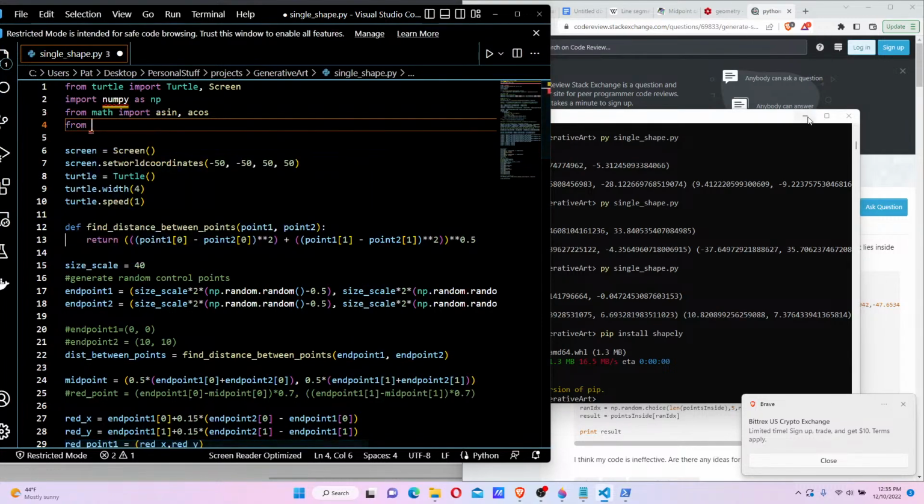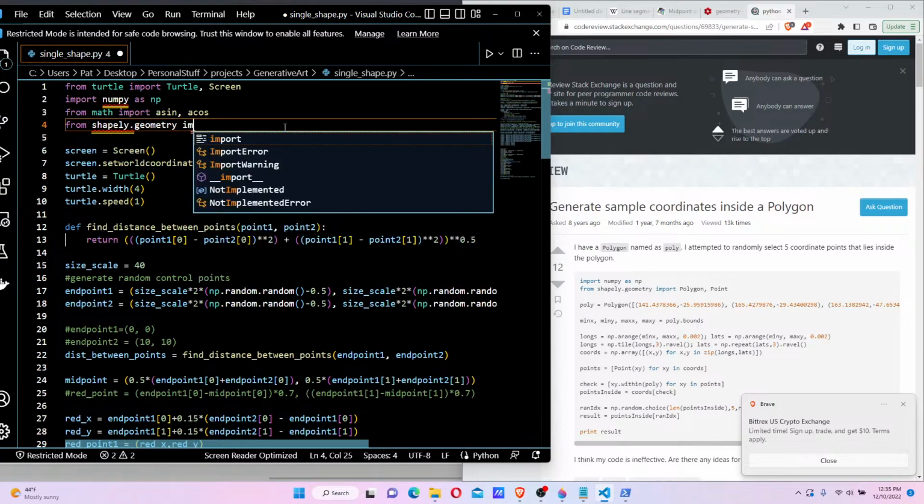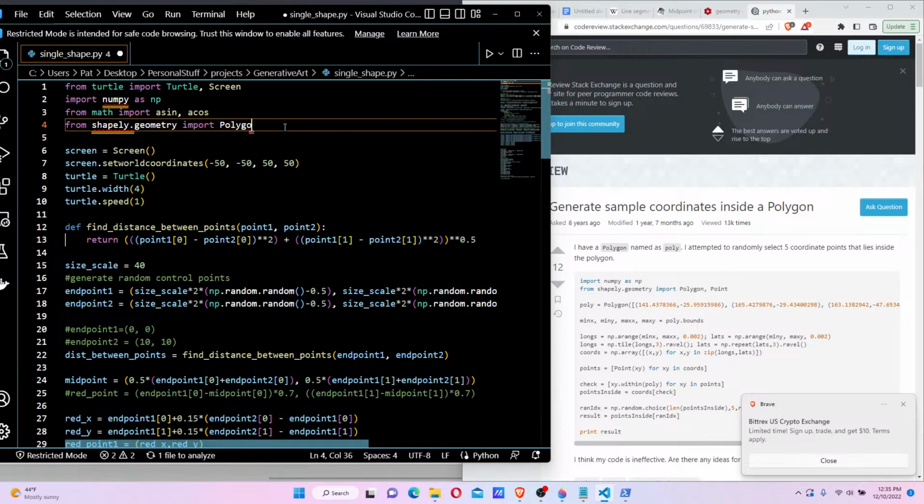From shapely.geometry import Polygon, Point.